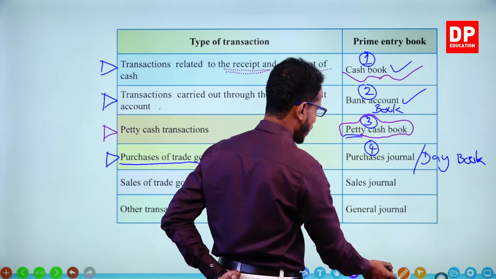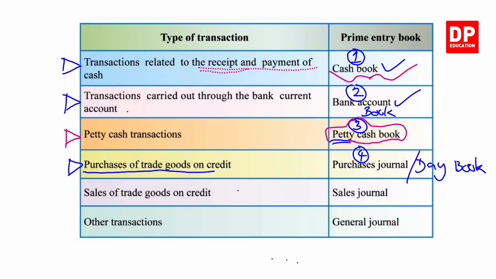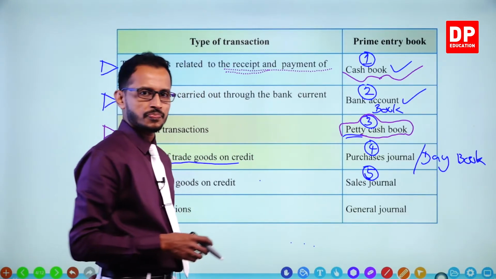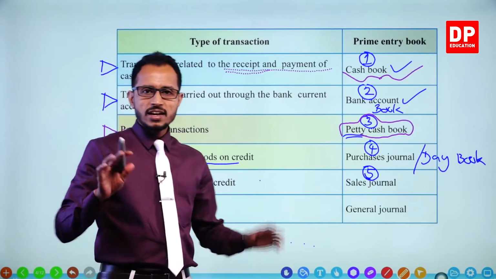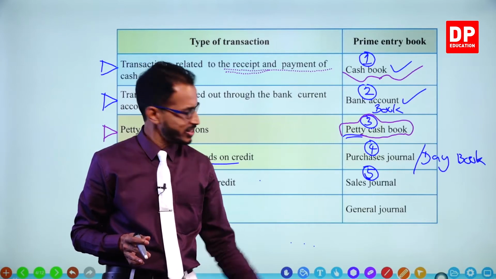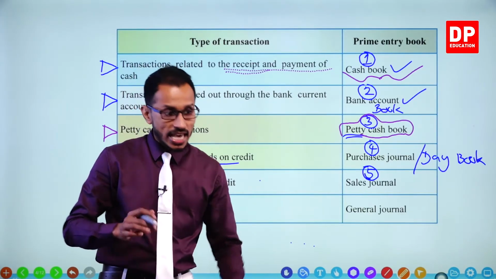Then children, we have another journal, that is the sales journal. Now, by now you know what transactions are recorded in the purchases journal. So you can guess what transactions are recorded in the sales journal. Yeah, selling of goods.